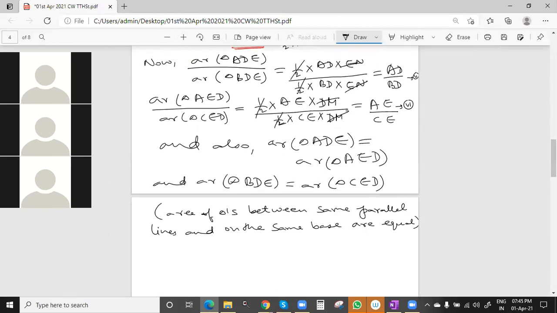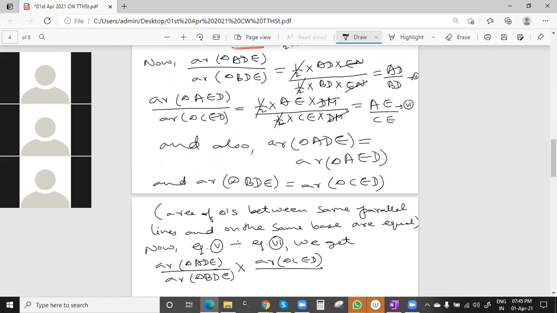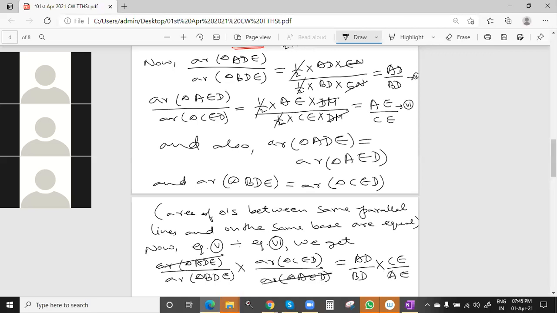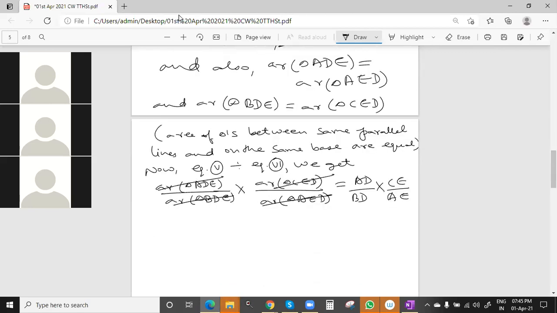Now equation 5 divided by equation 6, we get area of triangle ADE by area of triangle BDE, into area of triangle CED by area of triangle AED, which comes down, equal to AD by BD into CE by AE. The area of ADE equals AED and BDE equals CED, so the left-hand side is equal to 1.